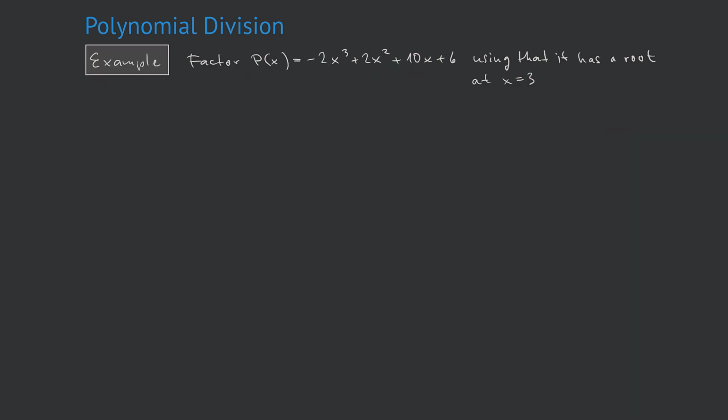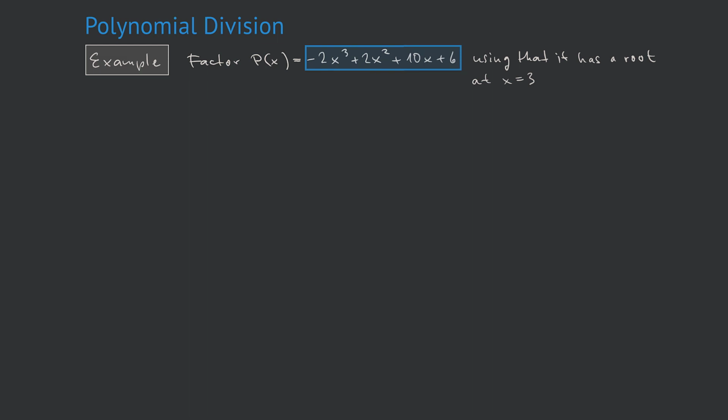Let's do another example. Factor the polynomial p of x, which is given by this, using that it has a root at x equals 3. From our considerations above, we know that x minus 3 must be a linear factor of this polynomial. So that means we expect the polynomial division p of x divided by x minus 3 to work out.